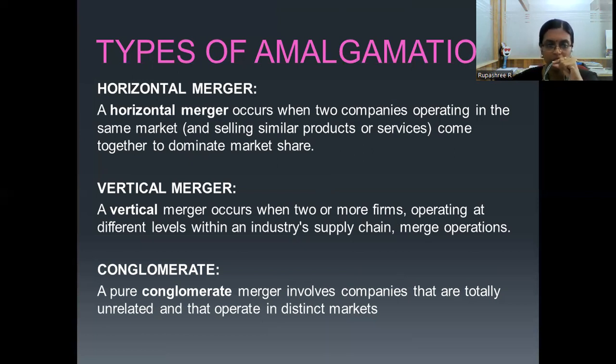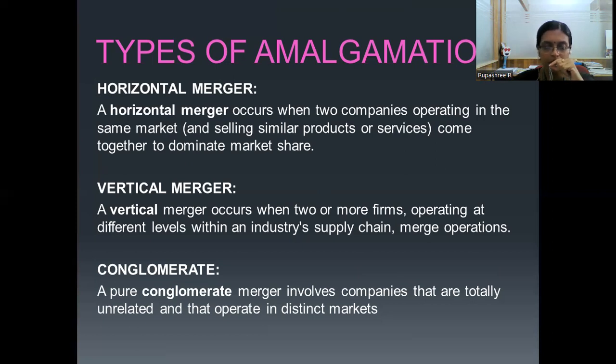An example is Flipkart and Myntra. Myntra is into clothing and apparel, whereas Flipkart is an e-commerce company. So Flipkart helps Myntra to sell its products online. Such kind of merger is called a vertical merger.